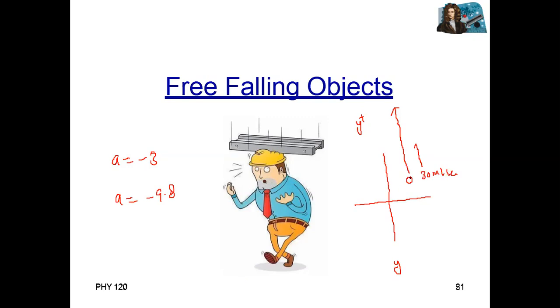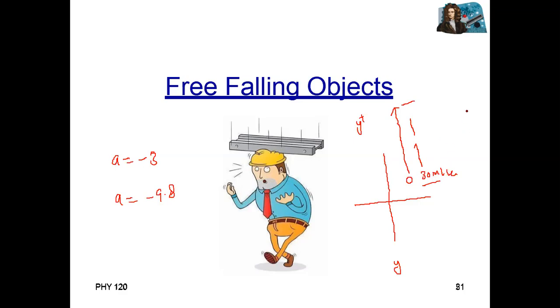When the body moves upward, and let's suppose the speed is 30 meters per second, the speed keeps decreasing, but at the maximum point the speed completely stops, the body completely stops.